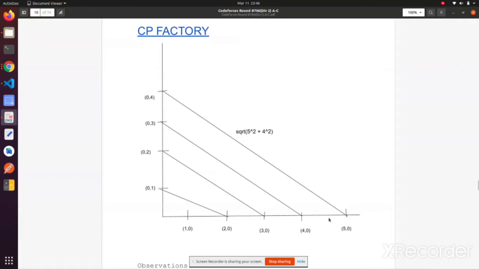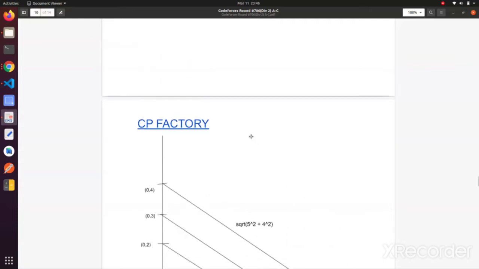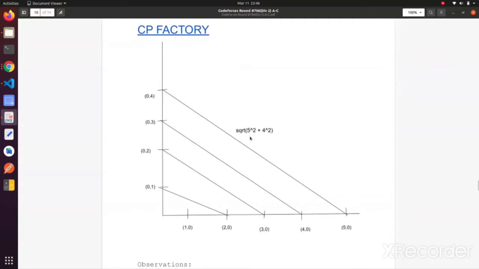Suppose (0,4) is throwing towards (5,0). The cost, or energy, will be the distance between (0,4) and (5,0), which is the square root of 5 squared plus 4 squared. And (0,4) can also throw to (1,0), or to (3,0), or to any of the points.